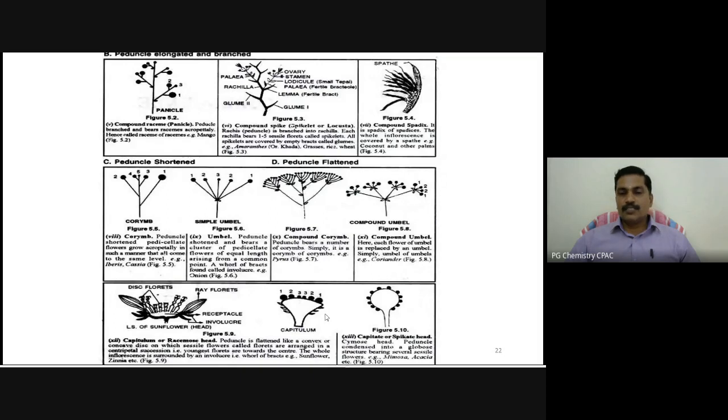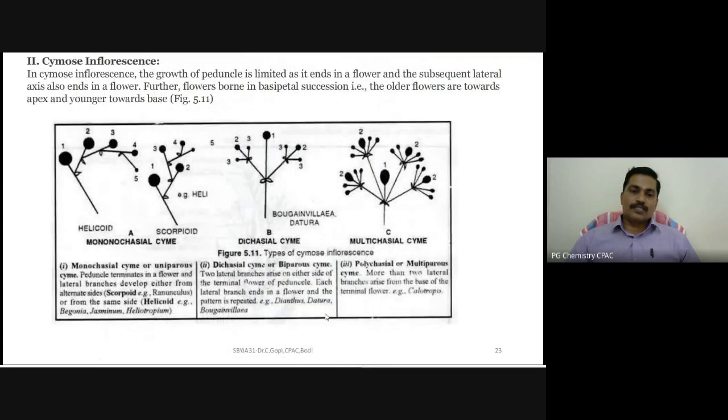So all those are types of inflorescence. This is the cymose inflorescence. You see the arrangement of flowers on one side or two sides, or ending with three flowers, or ending with five flowers. So these are the cymose inflorescences.